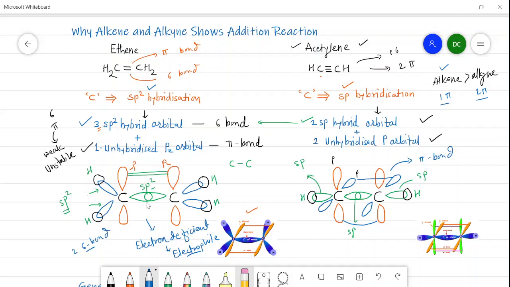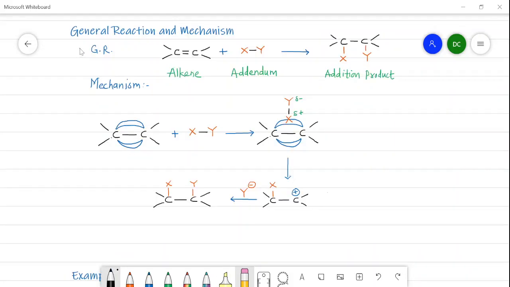Now we will see the general reaction and the mechanism of electrophilic addition reaction, how the reaction occurs. In the general reaction, we have taken the alkene molecule, carbon double bond carbon, whatever may be the substituents which are present here and here. It reacts with the addendum and it gives the addition product.